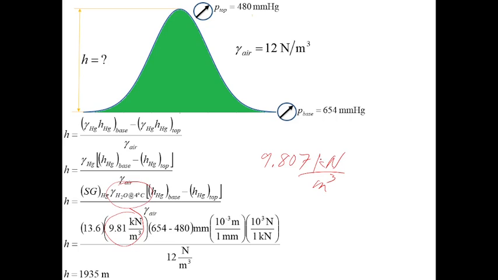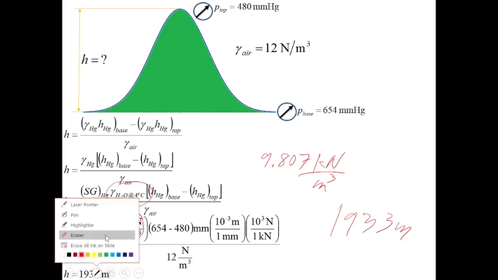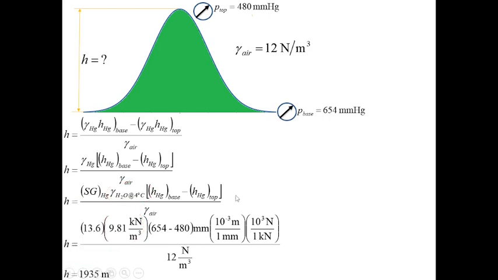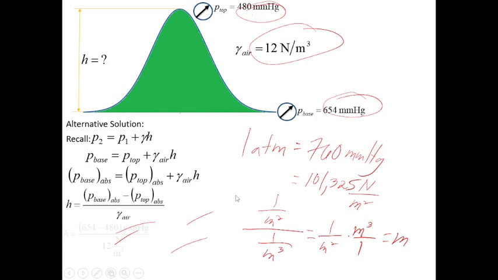If we consider that, it is nearer to our answer of 1,933 meters. I think it's 1,934. We will get 1,934. Well, it's okay as long as the solution is correct, that will be credited. So we can now proceed.